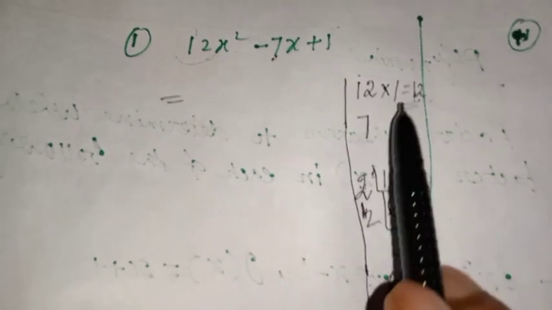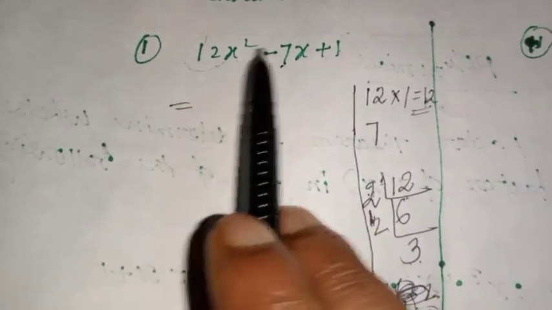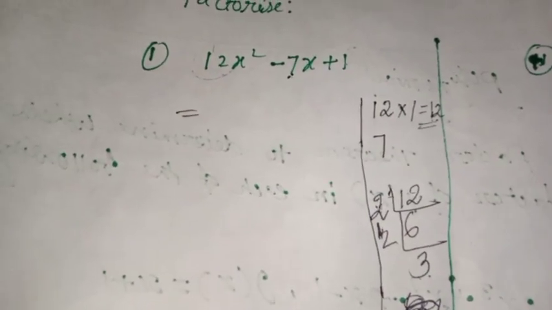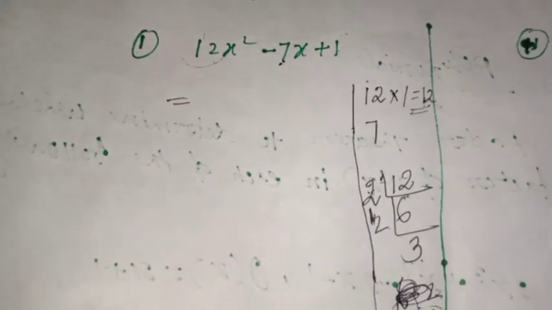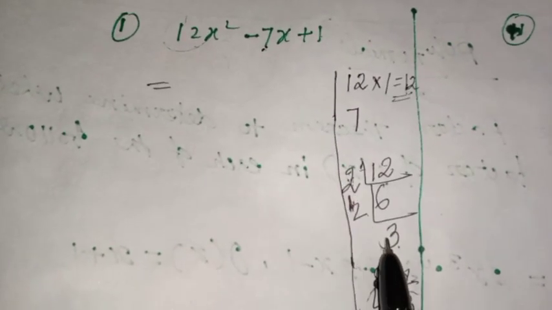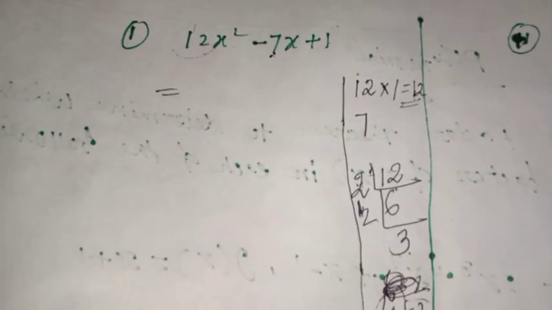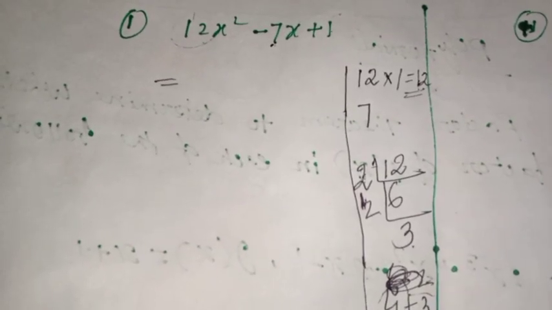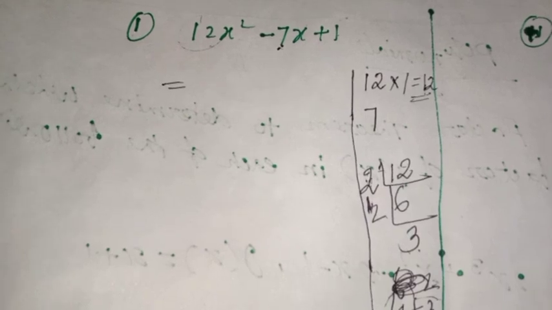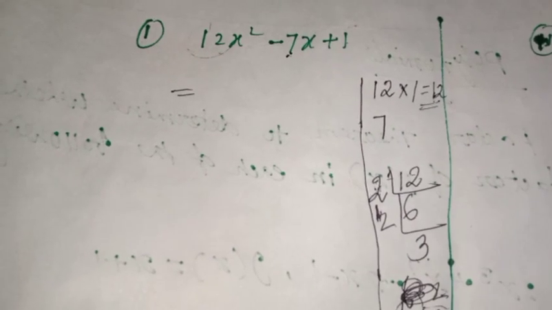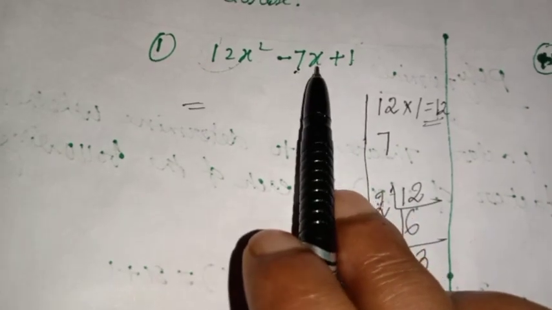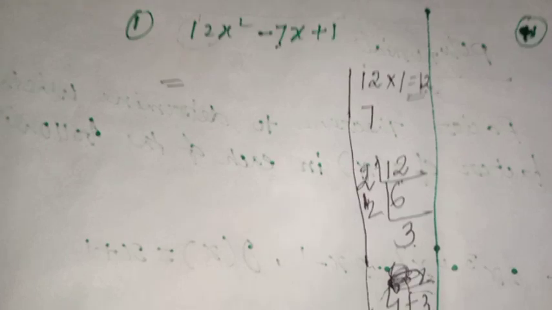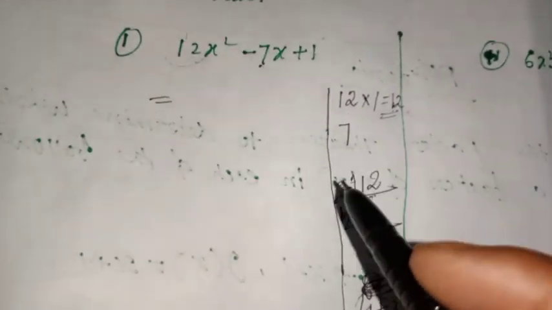Means you factorize the product of the constant term and the coefficient of x square, then see all the prime factors and make pairs using all the numbers. See which pair splits the middle term, and that you have to take. Understood what I am saying? I hope all of you understood.